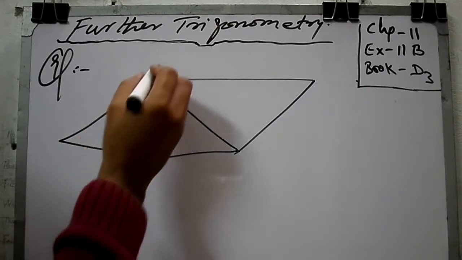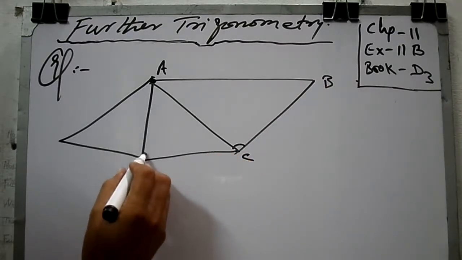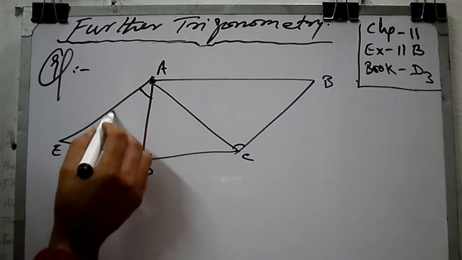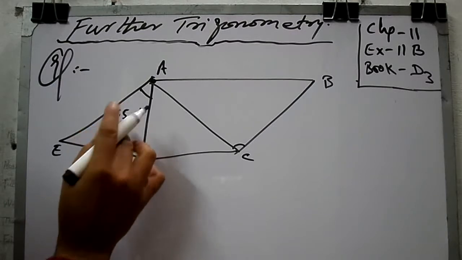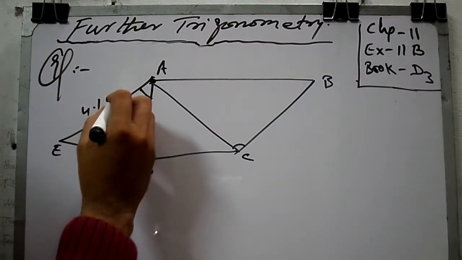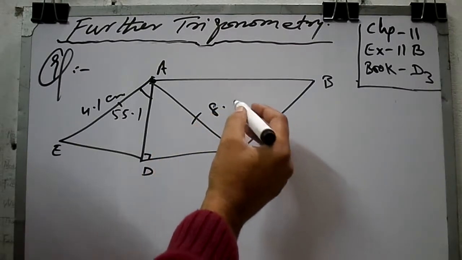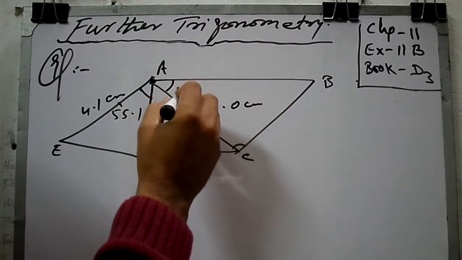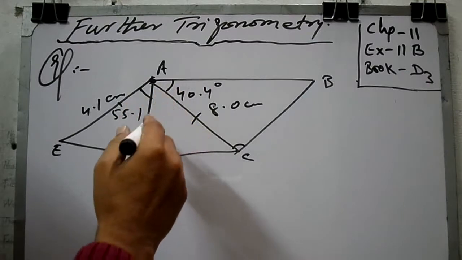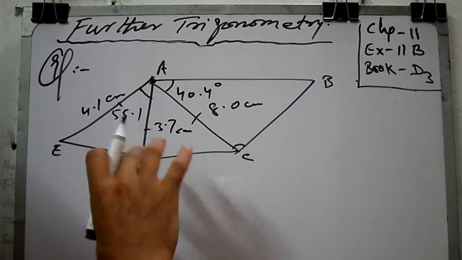That is your A, B, C, D, E, and this one is 51.1 and 4.1 centimeter, and this side is 8.0 centimeter, and this one is 40.4 degree, and 3.7 centimeter. So this is the given data and given configuration.